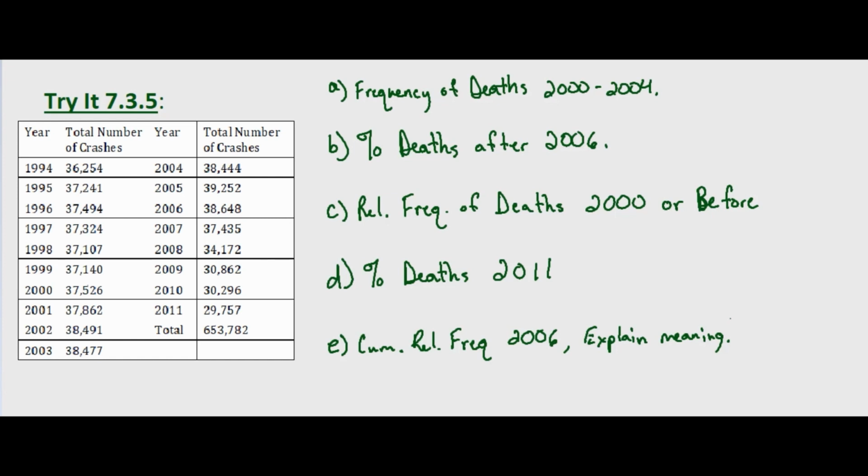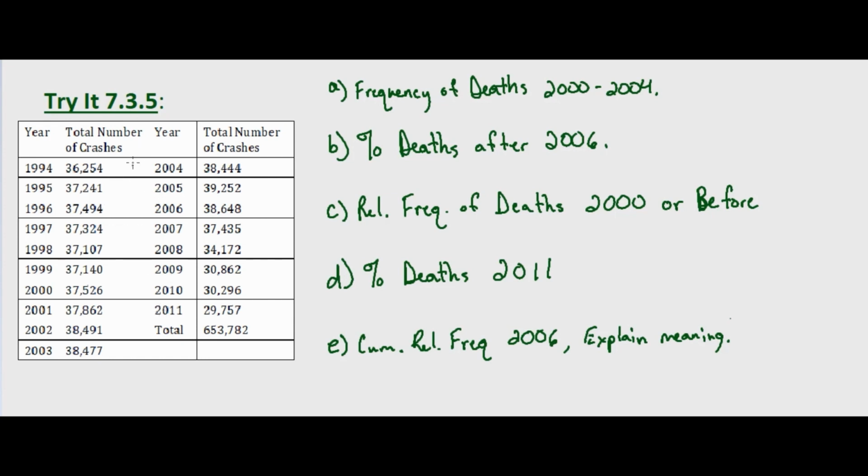In this Try It exercise, we're further looking at utilizing frequency tables and determining statistics from that. In this problem, we're given a table that includes the year and the total number of crashes that year for the years 1994 through 2011.